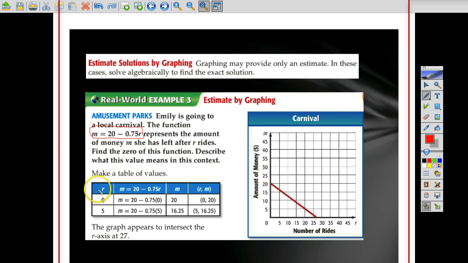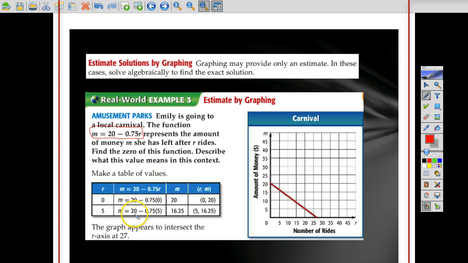Okay, so let's make a table. So 0 and 5 we've chosen for our r. So what is m when r is 0? So instead of r here, you can substitute with 0, and you have 20 minus 0, which is 20. And then we'll use 5. So 75 cents times 5.